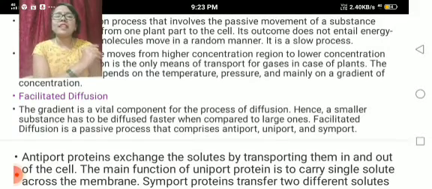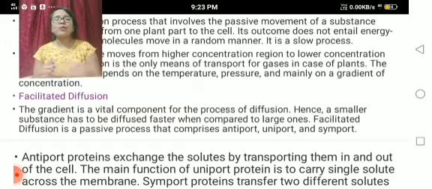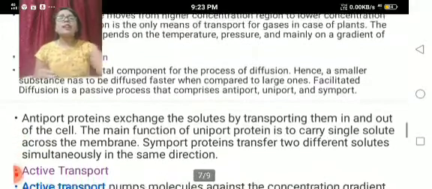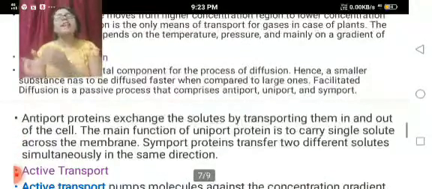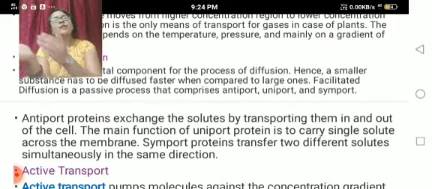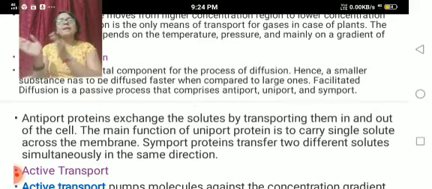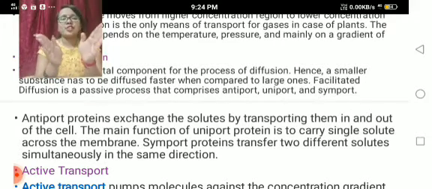Facilitated diffusion is a passive process that comprises antiport, uniport, and symport. In antiport, a protein exchanges the solutes by transporting them in and out of the cell. The main function of uniport protein is to carry a single solute across the membrane. Symport protein transports two different solutes simultaneously in the same direction.